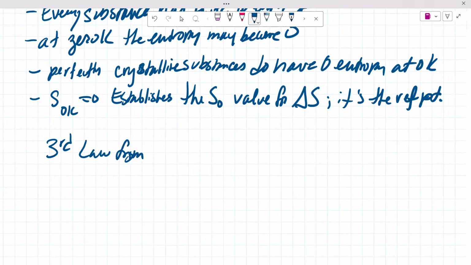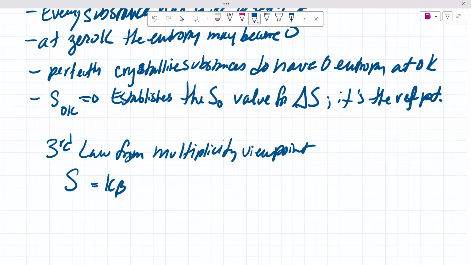So we want to take a look at this from the multiplicity point of view. Let's think about configurations of molecules. So we're back to k_B ln W. This is entropy.